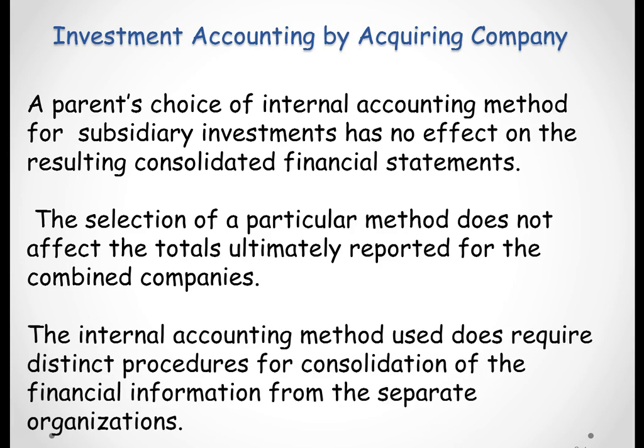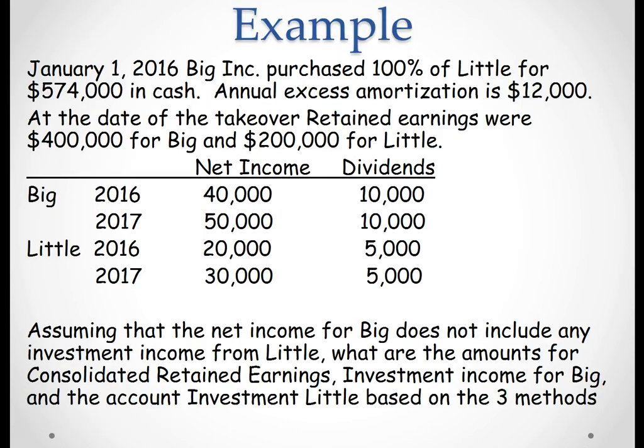The internal accounting method used does require distinctive procedures for consolidation of the financial information from the separate organizations, which means you're going to have to use some additional entries in order to adjust the retained earnings balance of the parent if you use anything other than the equity method. So now let's take a look at our first example.